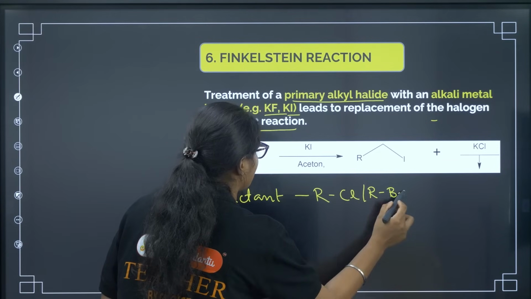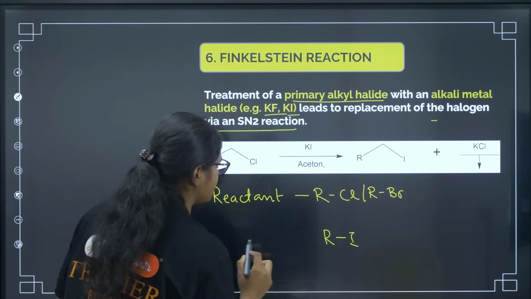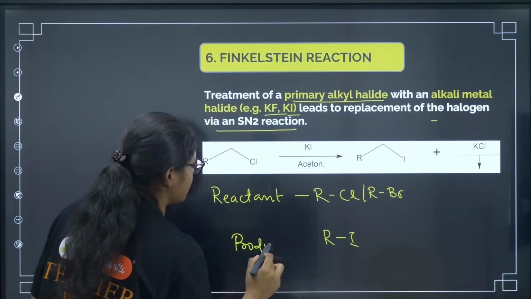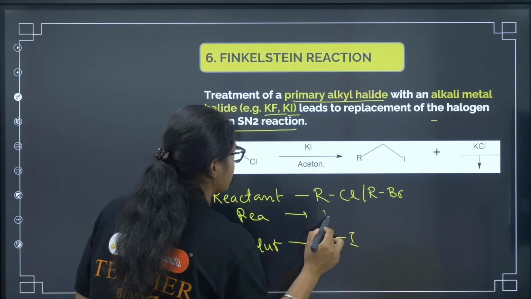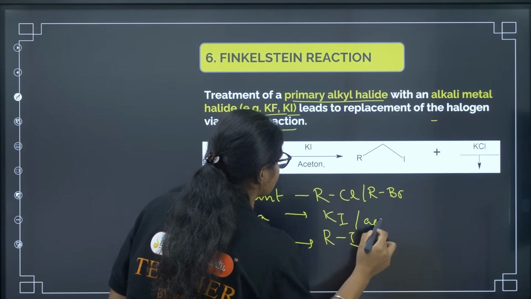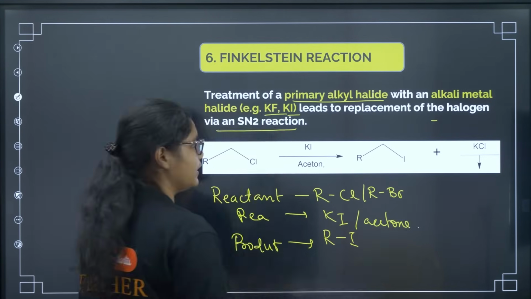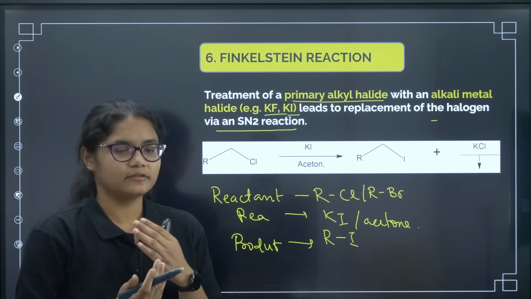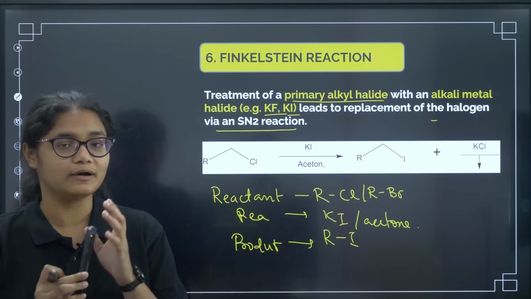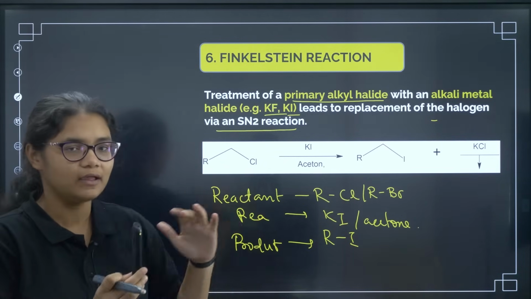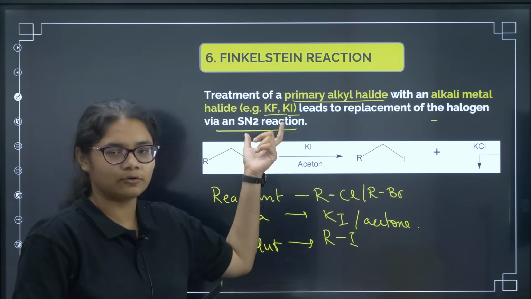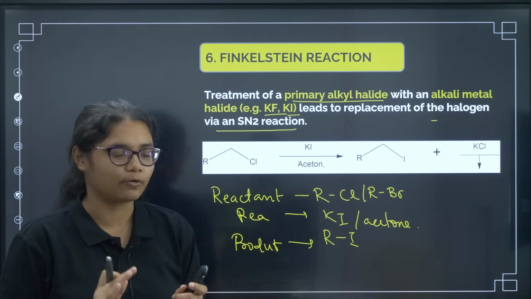Product is RI, that is for iodoalkanes, and the reagent used is KI in presence of acetone. So very simple one. Mechanisms are not important. You must remember the reagent, reactant and product. That's why I'm going in this way. SN2 mechanism you can know, but it's not required from the exam point of view.